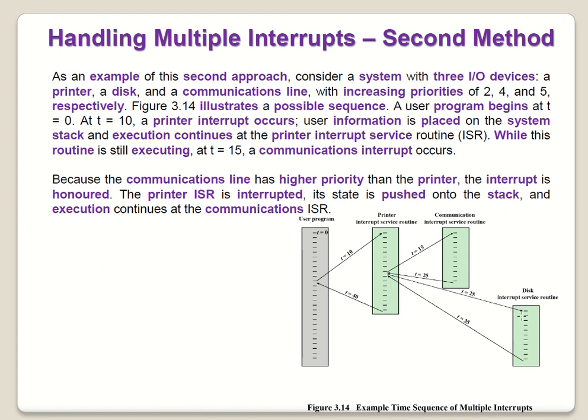At time 35 it completes the service routine of the disk, goes back and resumes the printer service routine. After finishing the printer service routine, it resumes the user program execution. You see the sequence? So remember, the device with high priority will be taken into account first. This is the idea of the second methodology, defining the priority.